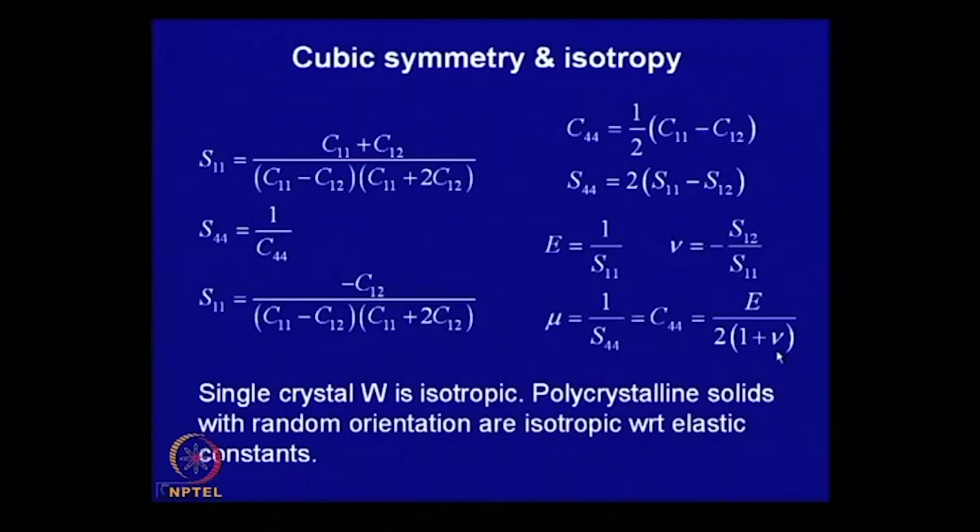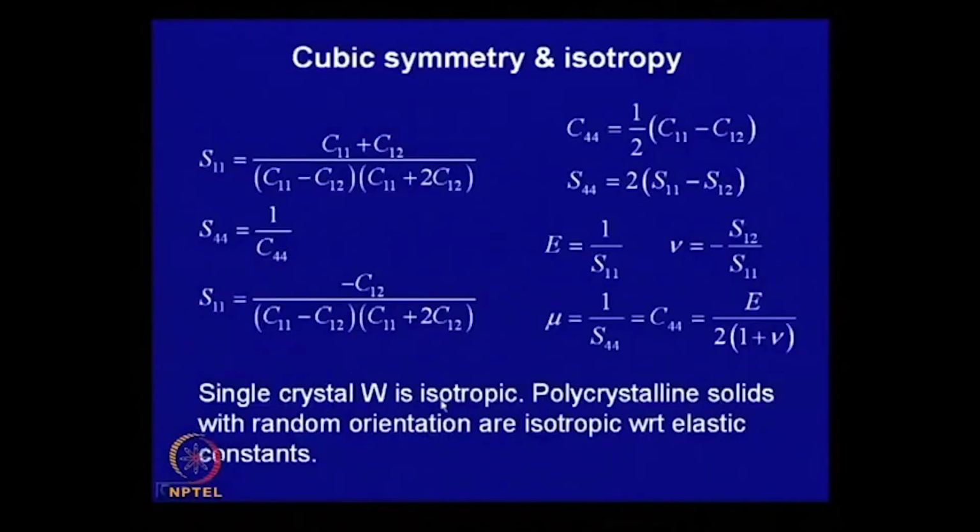And if one looks at the elastic constants of different crystals listed in the handbook, which have been measured, you will find in case of tungsten, although it is a crystalline BCC, its elastic constants are such that the material is isotropic.